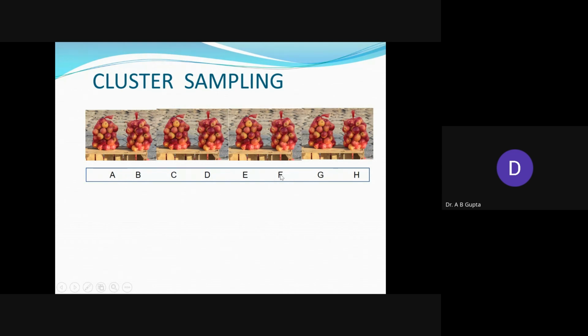Once I select cluster F, all the apples in cluster F will be part of the sample. So is it clear? In cluster sampling, the entire population I am putting into clusters. Out of these clusters, I select 1, or 2, or 3. Suppose I select 2, for example C and F. Then once I select these 2 clusters, all the apples in cluster C and all the apples in cluster F will be part of my sample.